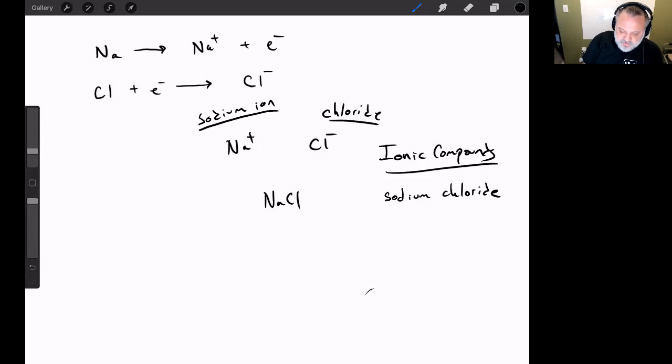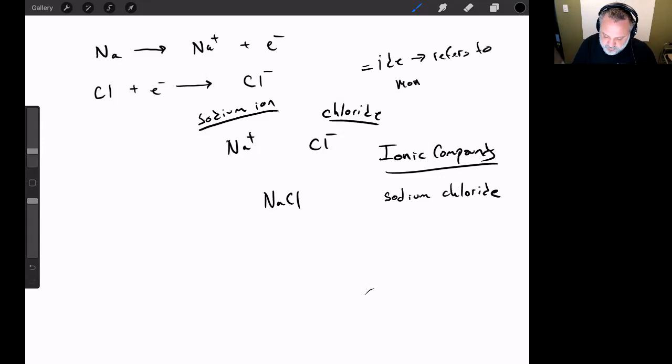Remember that for negative monatomic ions, we use the atom's root, in other words, the atom's parent name, and then we take off the suffix and replace it with "ide." So instead of chlorine, we have chloride. And so "ide" always refers to monatomic anions.